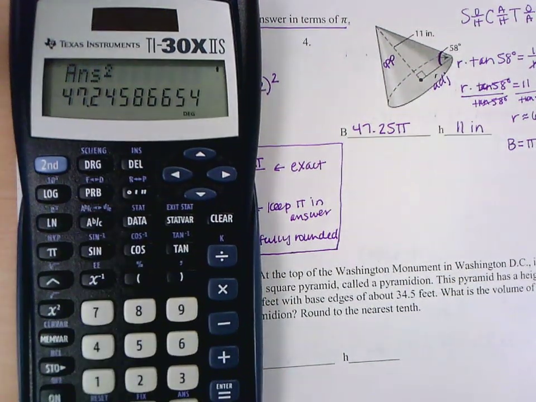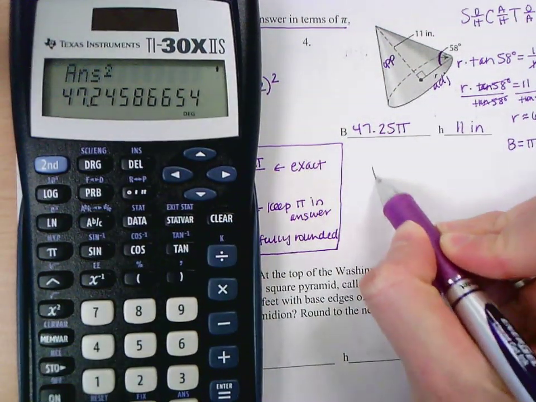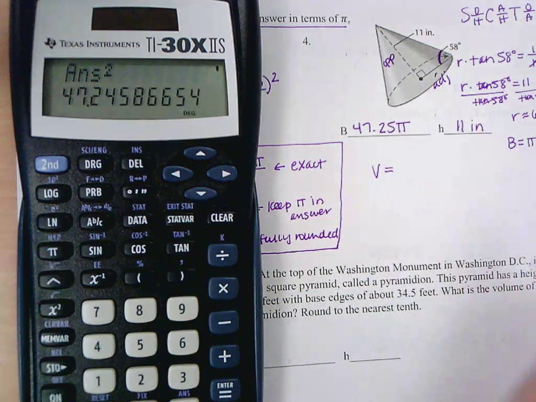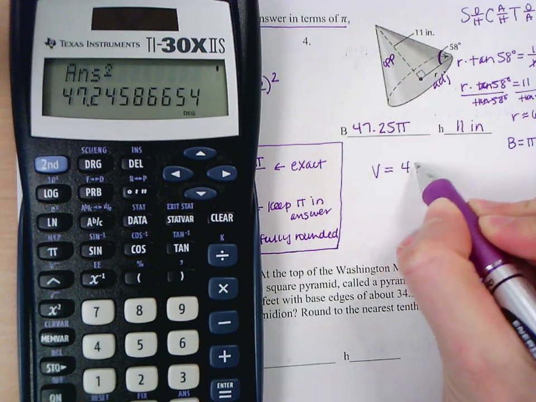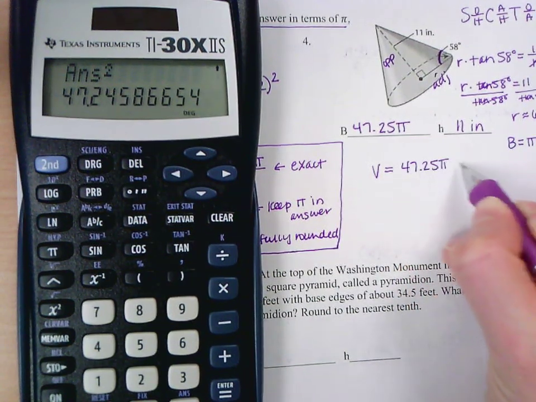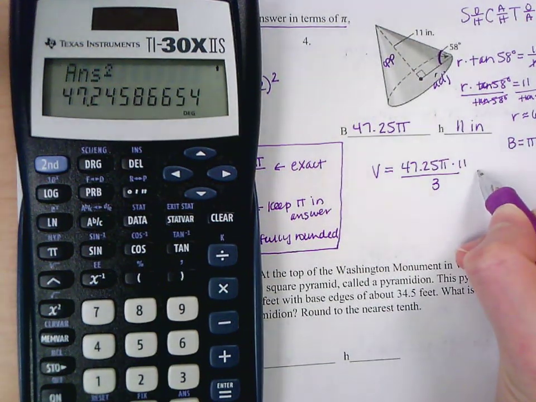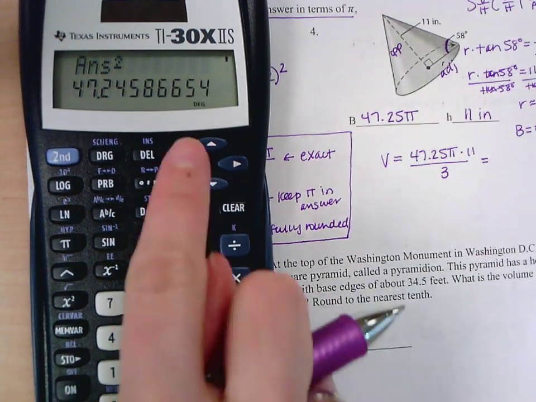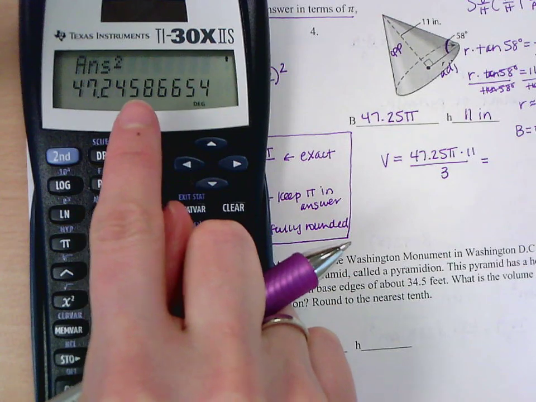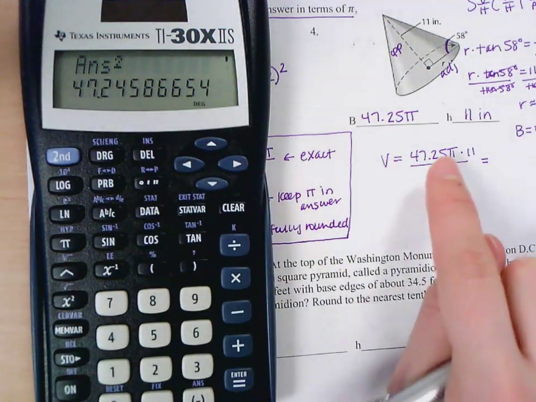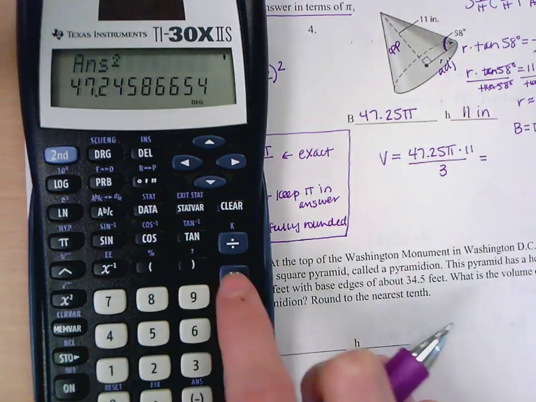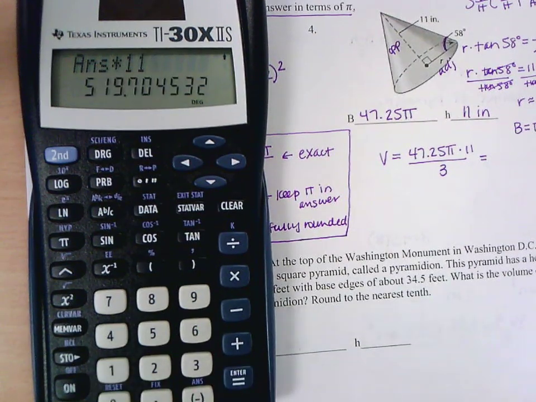Okay, and then to find my volume, I'm trying to show you, even if you have to round, how you can still keep things exact in your calculators. So I have my area of the base, 47.25 pi times 11 divided by 3. So again, I still have this number typed in my calculator. I can leave it there, and I can just multiply that by 11. So times 11, hit enter.